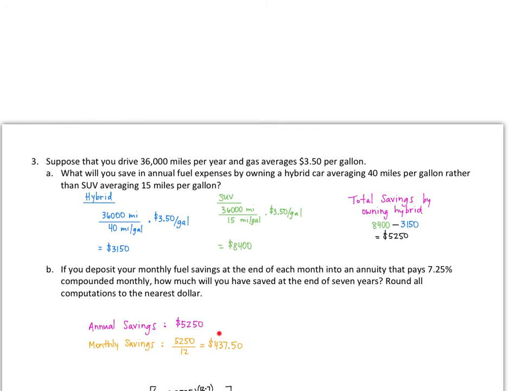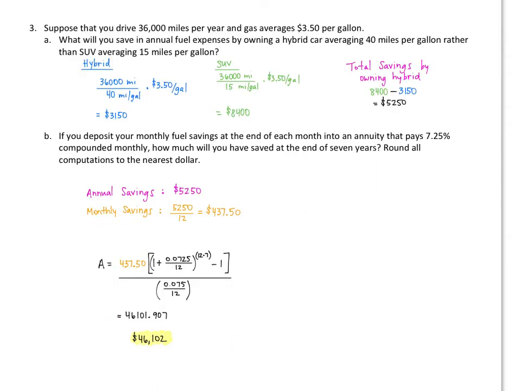That's our P, okay? I want you to put it into an annuity and figure out how much money we can make simply by taking our annual savings, splitting it up into monthly savings, and depositing that into an annuity for 7 years. Pause the video, come back and check.